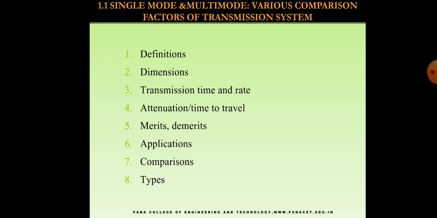These are the factors involved in classifying them. The first is the definition, second dimension, third transmission time and rate, fourth attenuation or time to travel, fifth merits and demerits, sixth application, seventh comparison, and last types.